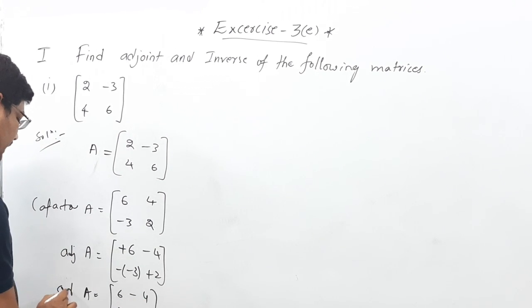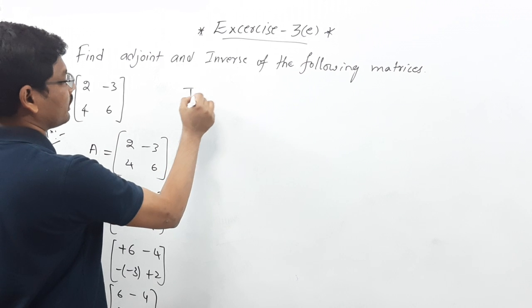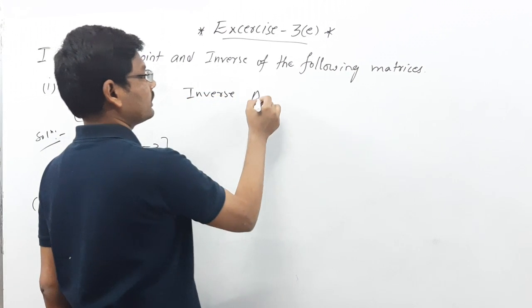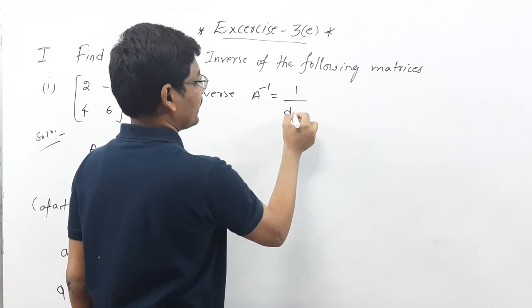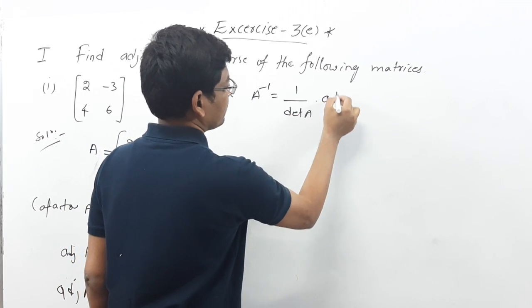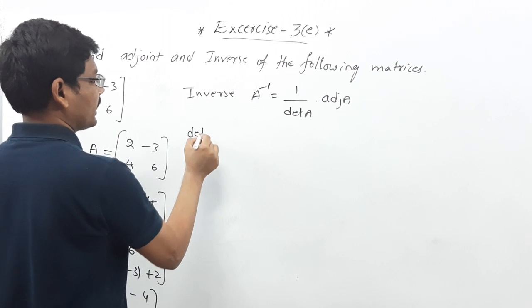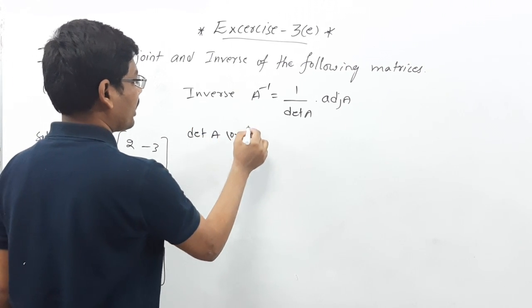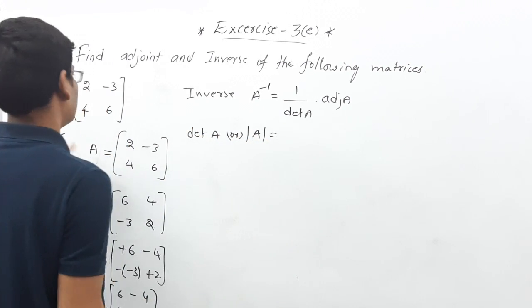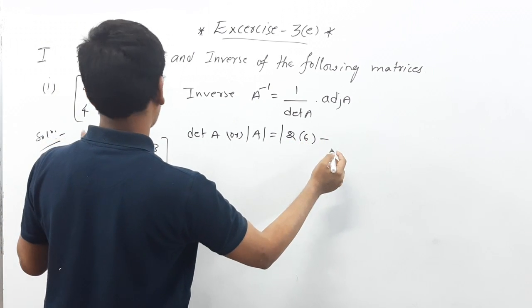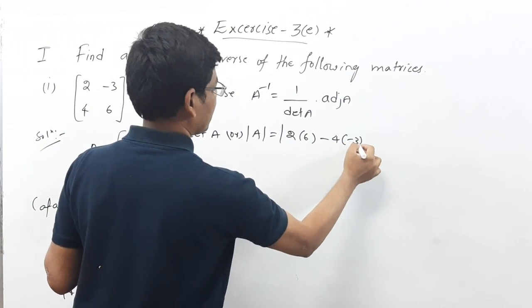This is adjoint A, and here we want the inverse. A inverse is equal to 1 by det A into adjoint A. First we need to find det A. Det A is equal to mod of A, that is 2 into 6 minus 4 into minus 3.